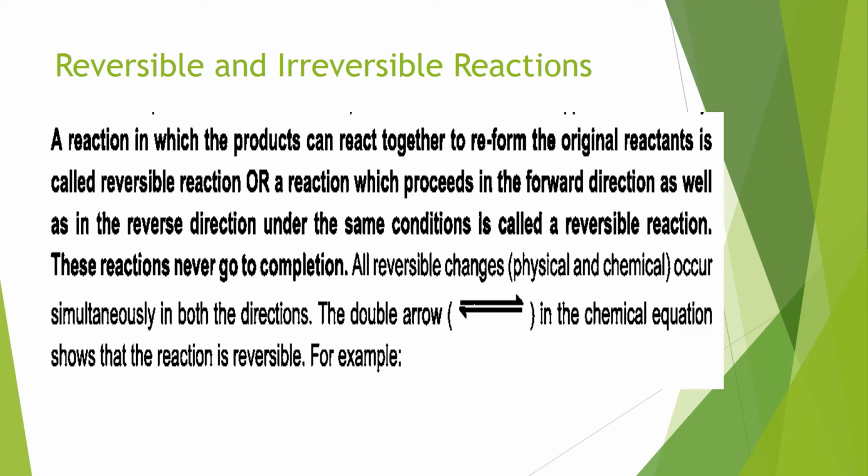In chemistry, we write chemical reactions in the form of equations, and in an equation, reactants are always written on the left-hand side and products on the right-hand side. A reversible reaction is a reaction in which the products can react together to reform the original reactants.